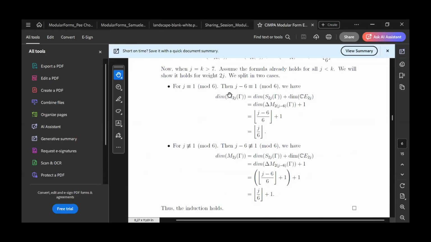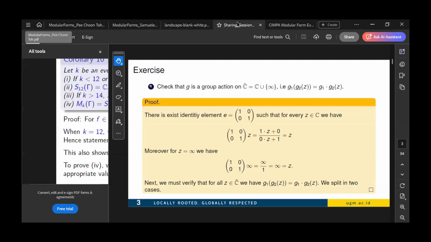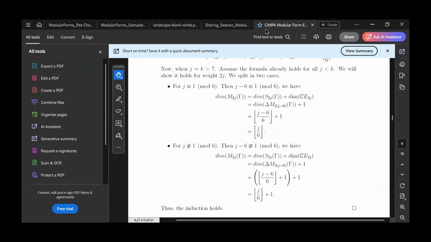The dimension of M_J is equal to the dimension of S_J plus the dimension of the constants, and the constants' dimension is always 1. Because of this, we have it equal to this.